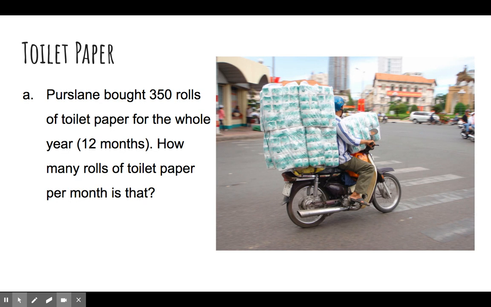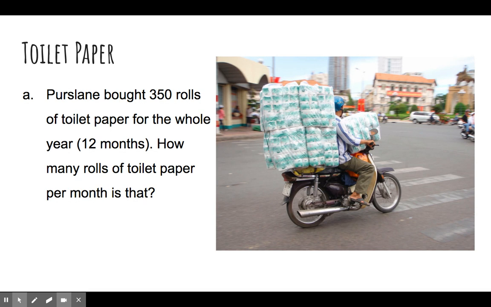Okay, so 4 notches, and then we have the word per, and our 2 labels are rolls per month. So this should kind of make sense with the problem. Rolls per month is what we're looking for. But we're trying to find one of this, and because we're trying to find that, our question mark is going to go across from that. And then we have 12 months that we're working with and 350 rolls to use in the 12 months.